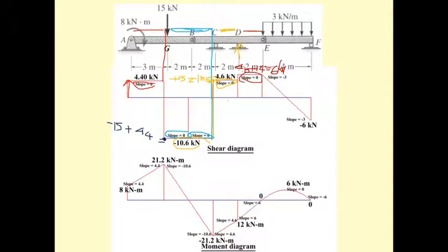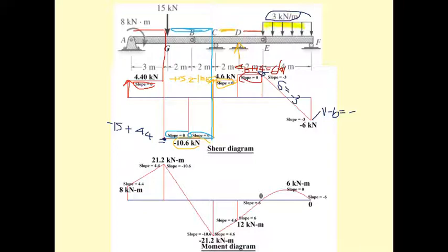Okay, and then we come to the portion of the beam that has the uniformly distributed load. The slope here is going to be minus 3 all the way. And this is 6. What's going to be the shear here? That is going to be minus of the area here.